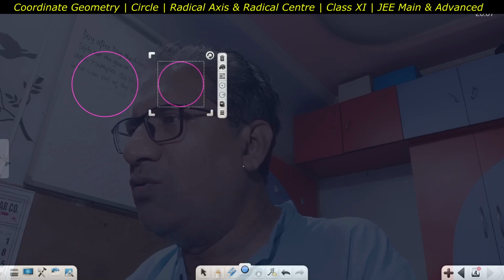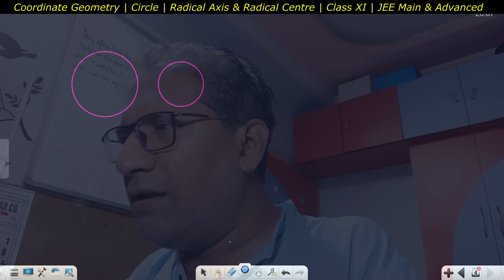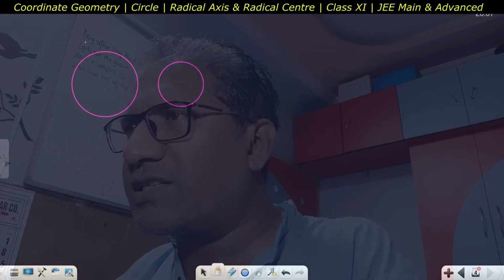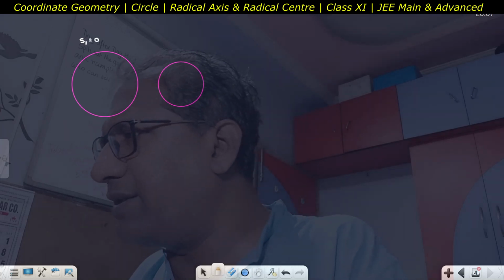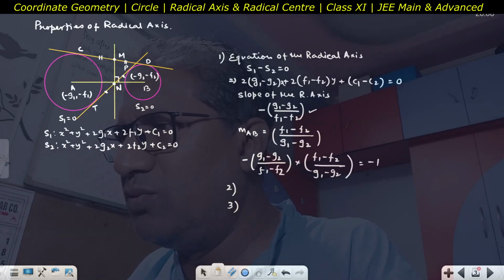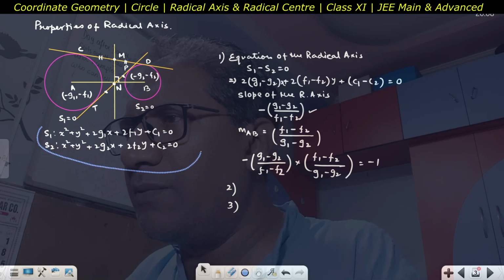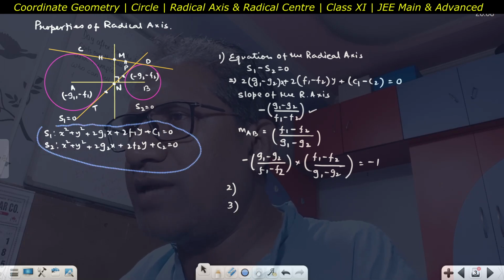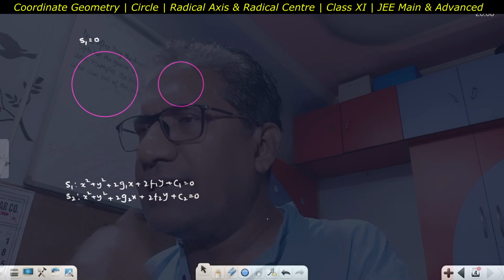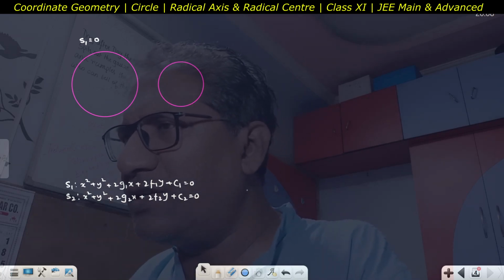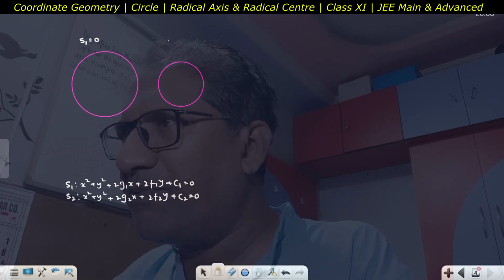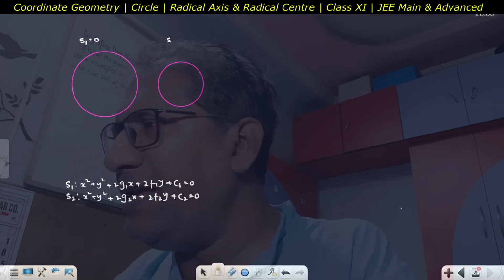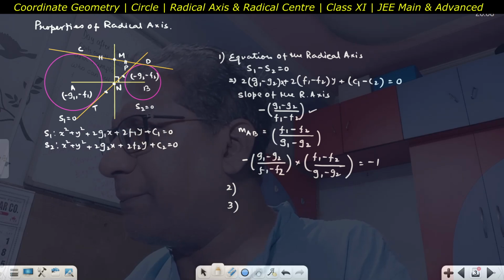Now, the equation of this circle I'm not writing again, it is already written there. So I can do one thing: I can copy this one and take it to that page. So these are the equations of the two circles. Now, look at it very carefully. This third property is a wonderful property.